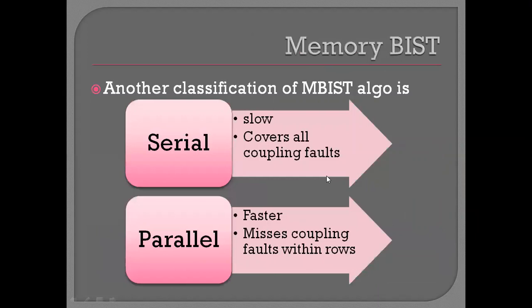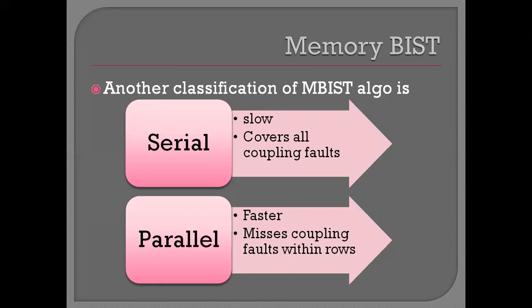So now we come to another classification, another criterion: whether the cells of the memory are tested one at a time or tested parallelly as a group. That is a very, very important criterion.